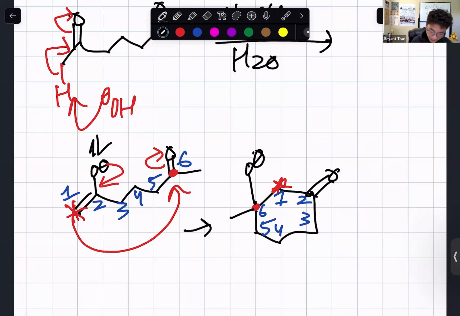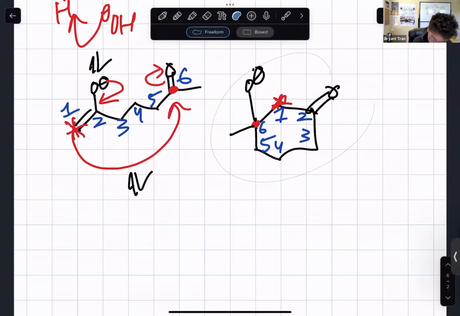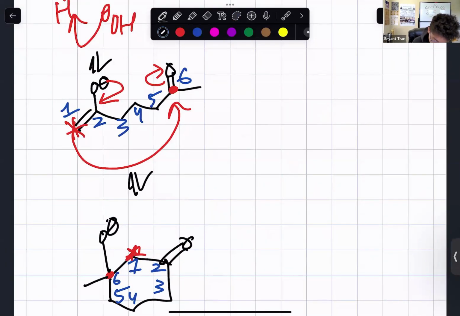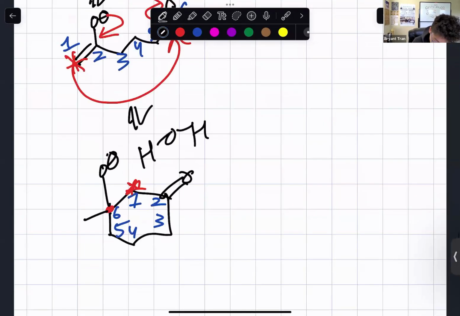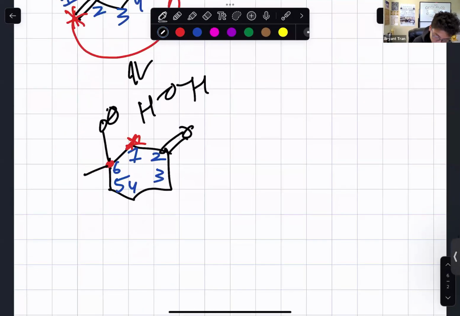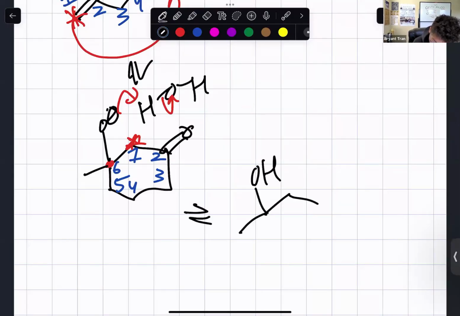Okay, now this is going to be the same as the previous mechanism, where the O- is going to get protonated by the proton source we have, which is water in this case, right? And for this reaction, even if you don't have heat, assume that you're going to go through aldol dehydration, forming the alpha beta unsaturated carbonyl, right? So once we do that, we're going to get this aldol product right here.